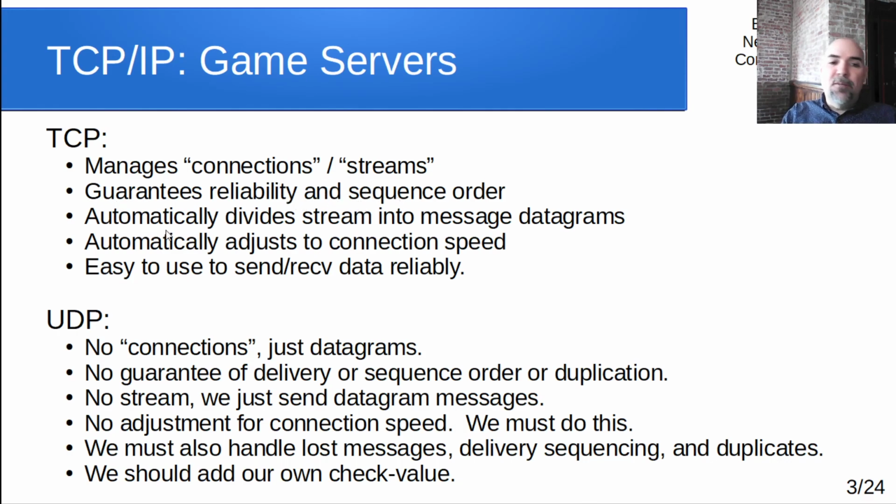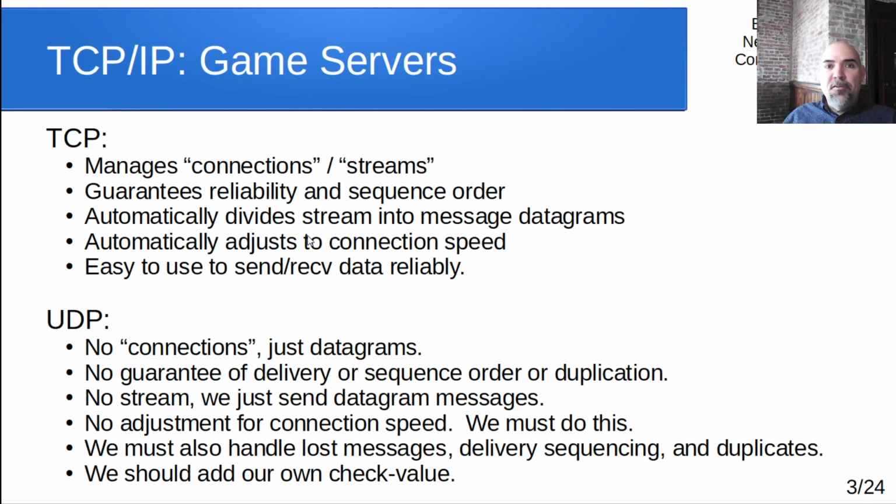And so in other words, it automatically will take a stream of data, divide it up into the datagrams, put them back together on the other end. It'll adjust the connection speed by changing the window size automatically to allow for faster or slower connections to push the data through.